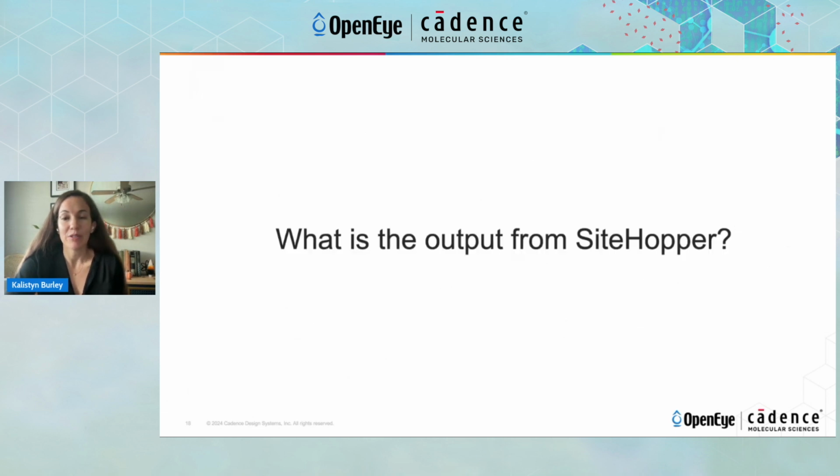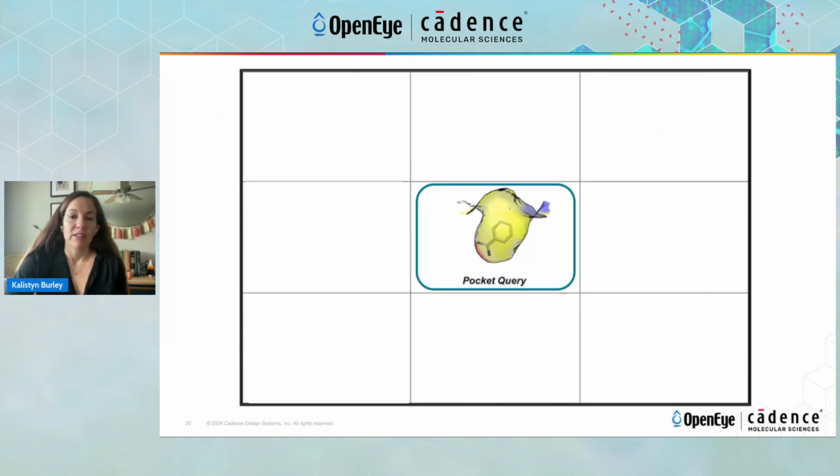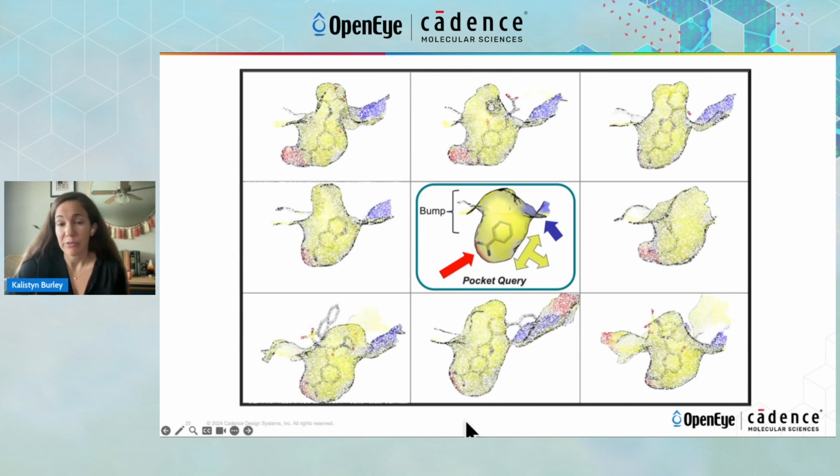So what kind of output do you get from SiteHopper? If we take this pocket query here in the middle, you'll notice that it has a number of different color features, as well as different shape features, such as this bump. The results that we return will actually retain those features.